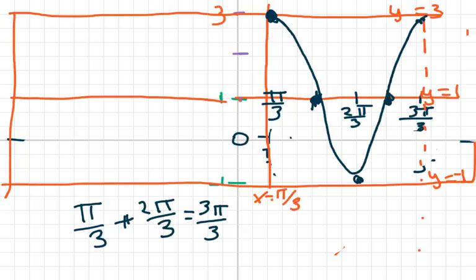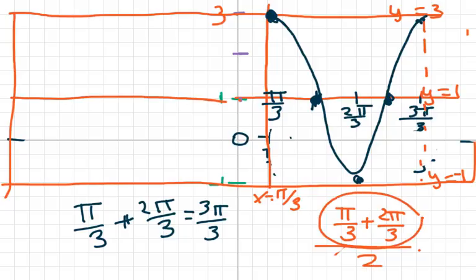All right, so I'm going to add pi over 3 plus 2 pi over 3 and divide that by 2. That gives you the midpoint. We already know that this is what? Pi. So we're going to get pi over 2. So this point here is pi over 2, on the x-axis.